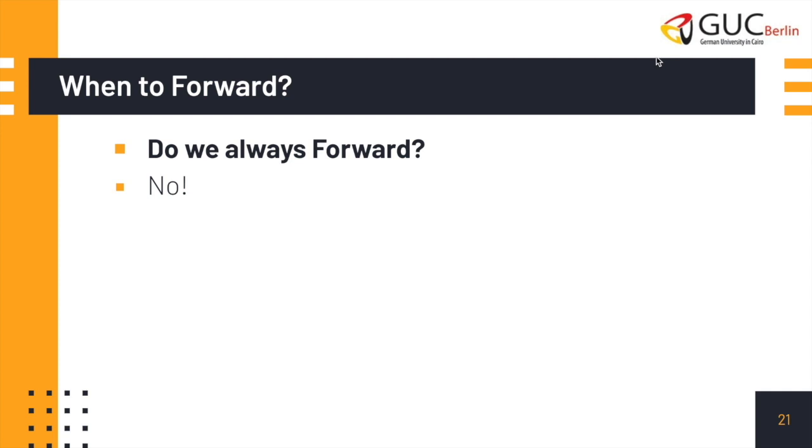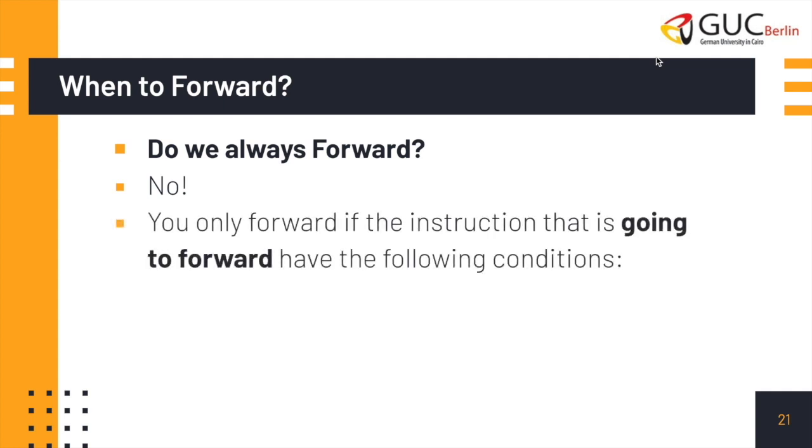So even if one of the 4 conditions of forwarding is satisfied, the instruction that will forward the data must also satisfy some other conditions. You only forward if the instruction that is going to forward its RD data to become one of the 2 operands of the next or upcoming instruction has the following conditions.